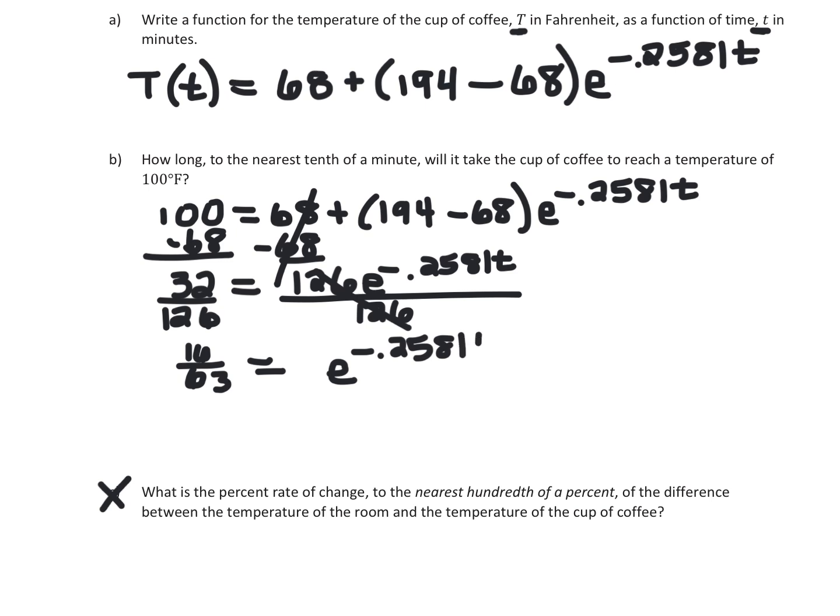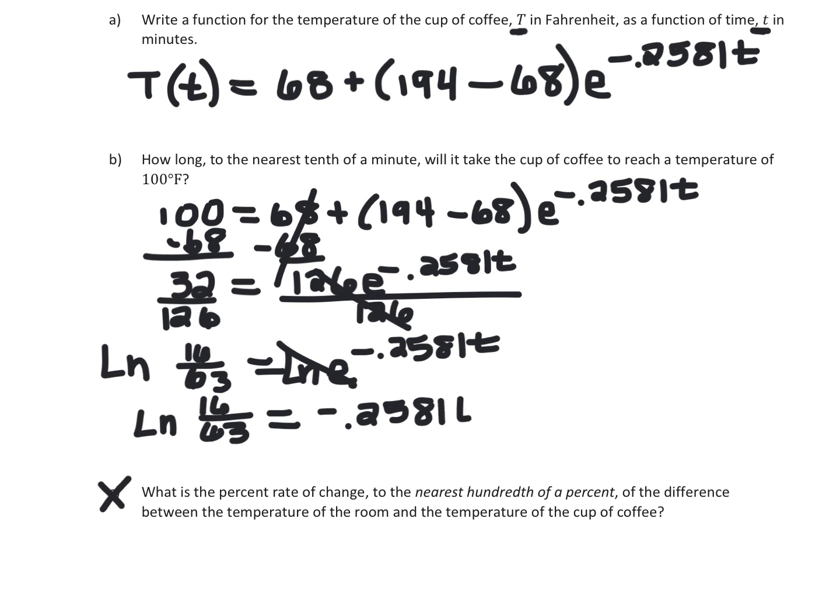Now, since we have the e all by itself, this is where we want to put ln in front of both sides of the equation. So on the left side, I'm left with ln of our fraction equals, and then ln cancels with the e, leaving us with negative 0.2581t. And to get the t by itself, we could divide both sides by that decimal in front of the t.